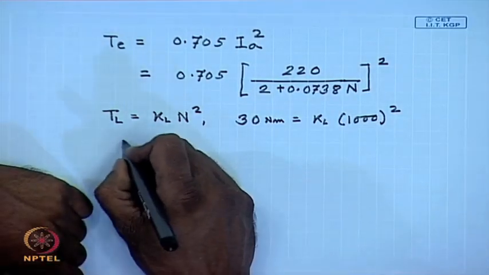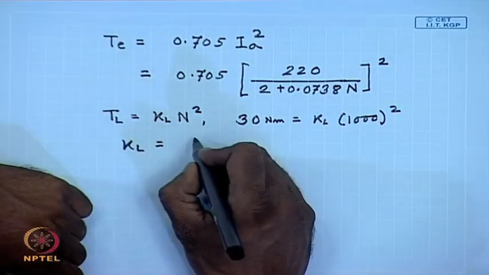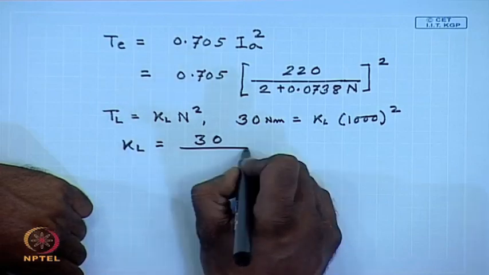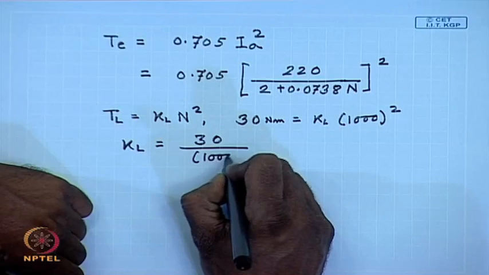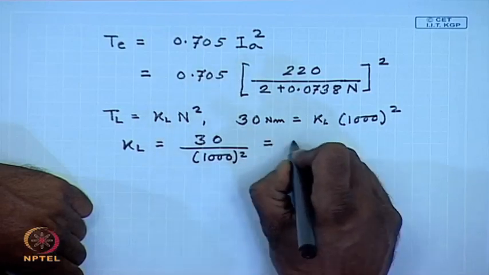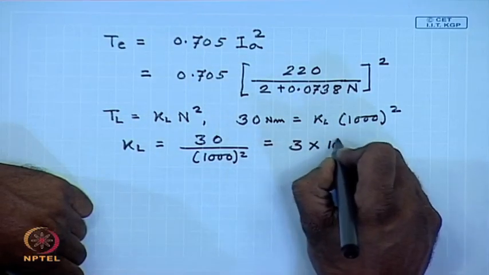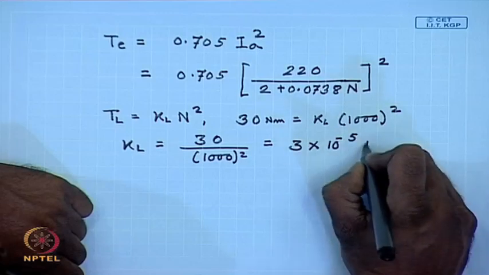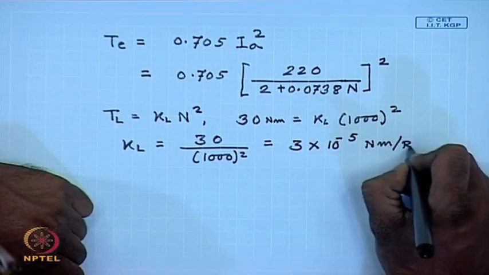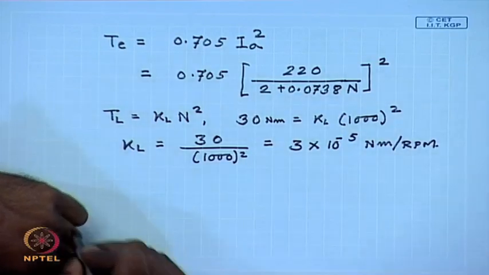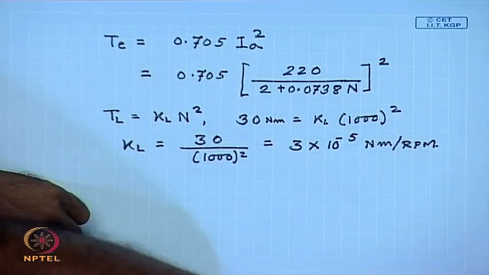Therefore, KL equal to 30 divided by 1000 square, which comes to 3 into 10 to the power minus 5 Newton meter per RPM square.